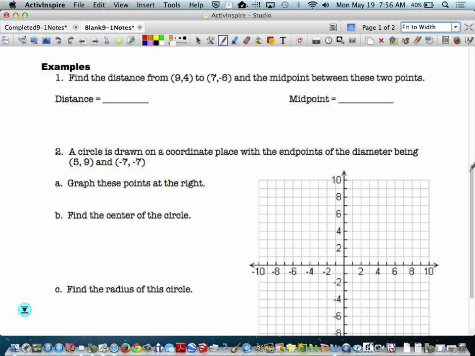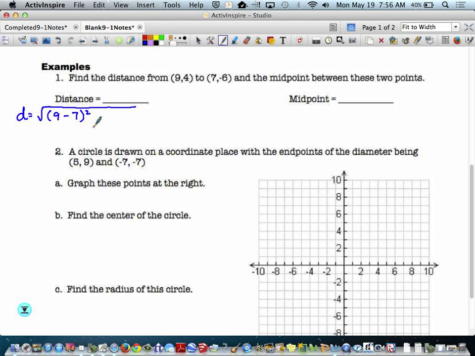So find the distance from 9,4 to 7,-6, and the midpoint between them. So if I was going to do the distance formula, I would just set it up as, I typically just go in the order that they're given to me. So a lot of times I'll just go 9 minus 7.